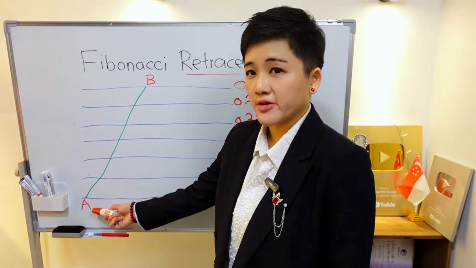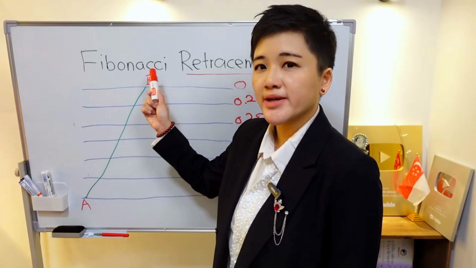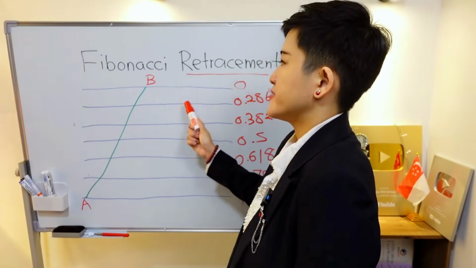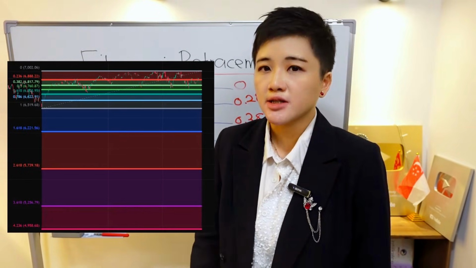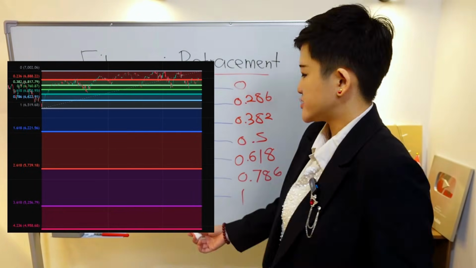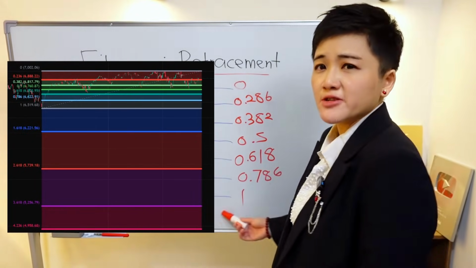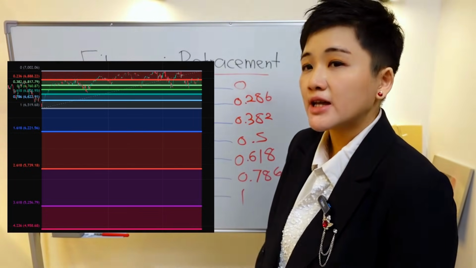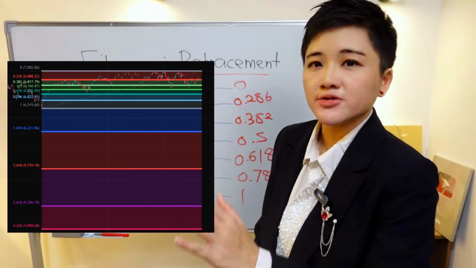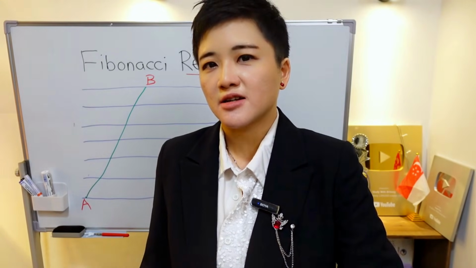So when you draw from the swing low to the swing high, the Fibonacci levels are going to appear. Now, a lot of times, trading platforms would have one more extra level down here, which is 1.618. Now, there are certain levels that are important, and there are certain levels that are useless.